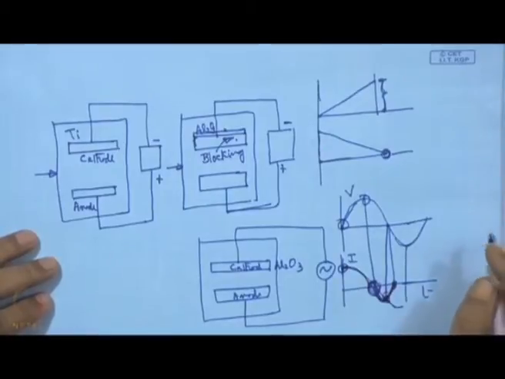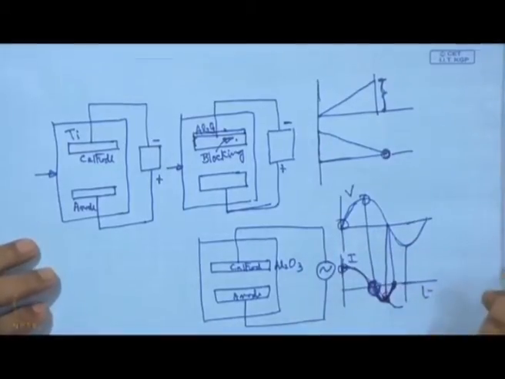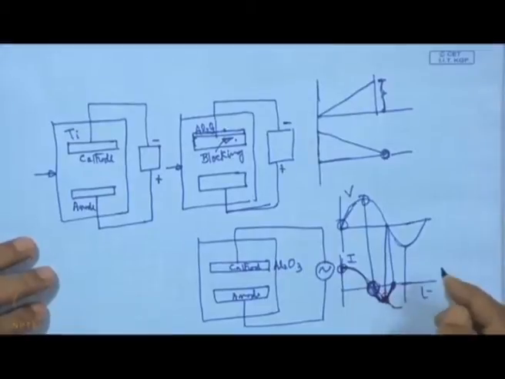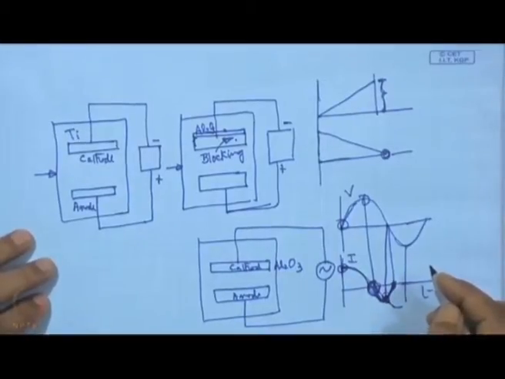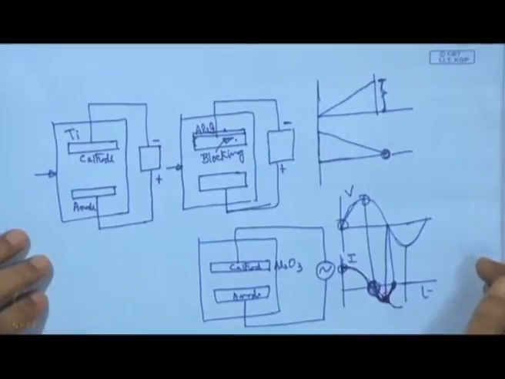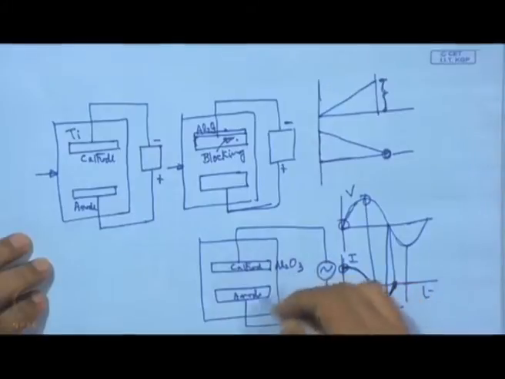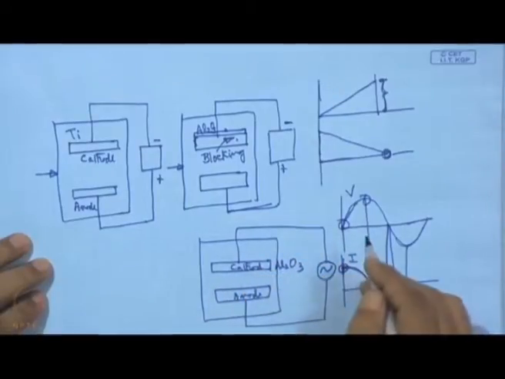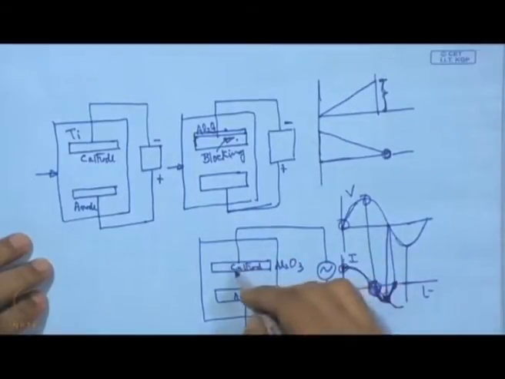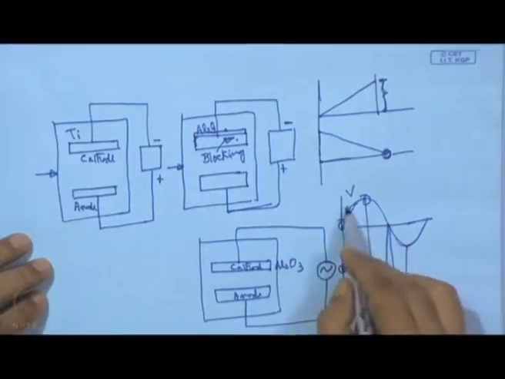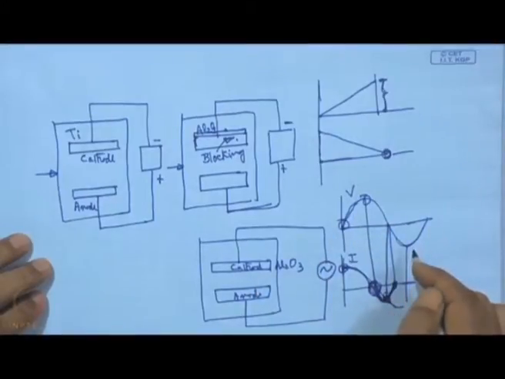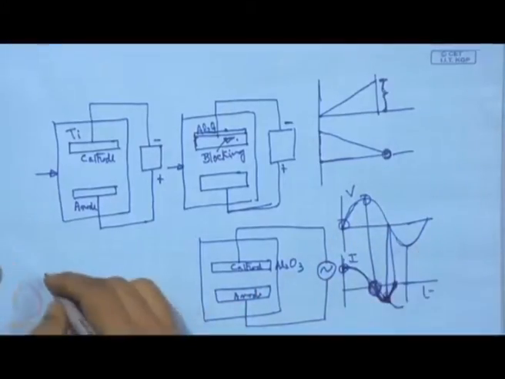So, we can follow this sine wave, but what is important is that within one cycle the net current flow through this capacitively coupled device against this alternating voltage is going to be 0.